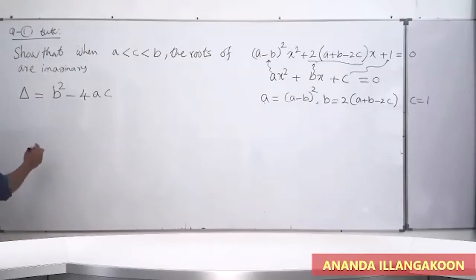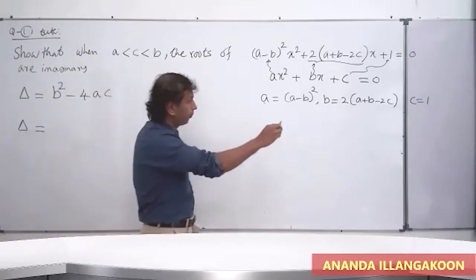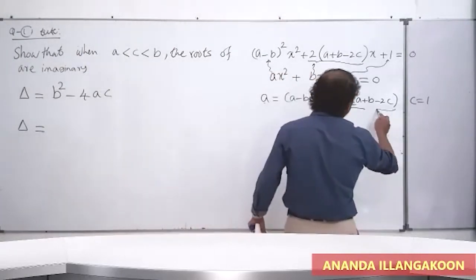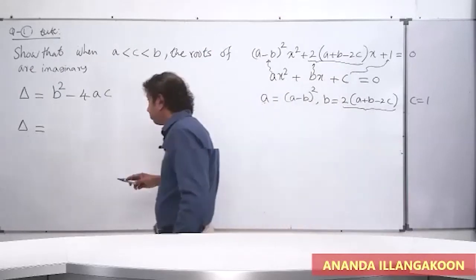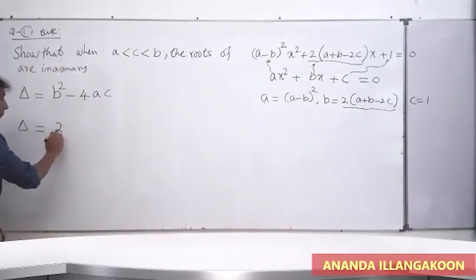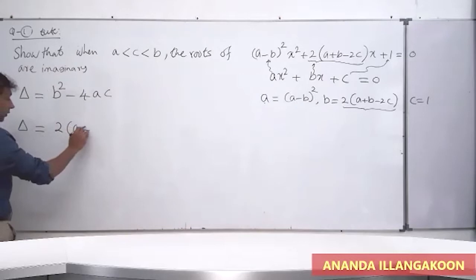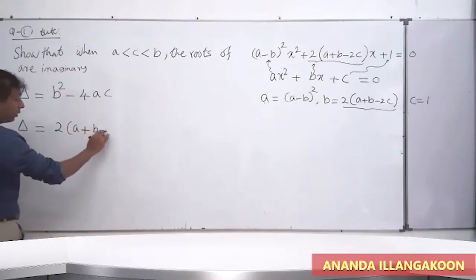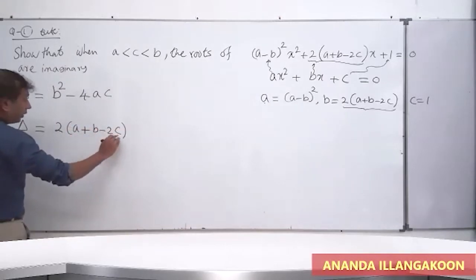Right, delta equals b squared. B is this, people, a perfect square, right? 2 times a plus b minus 2c, whole thing squared.